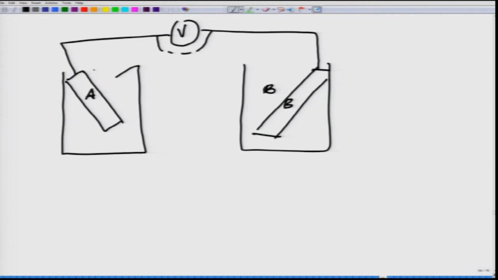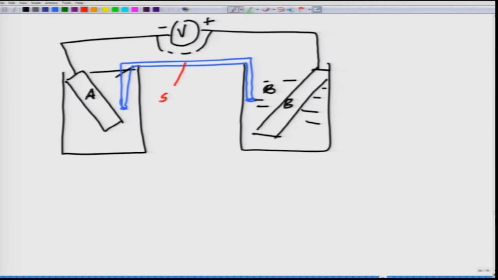This is a negative terminal, this is a positive terminal. And here you have a salt bridge connecting them. This is how, as of now, we have talked about it. We have talked about silver, cadmium electrodes, and so on.